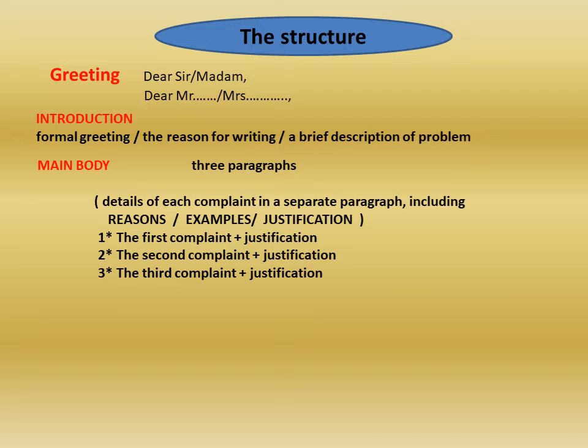The first paragraph will talk about the first complaint and the justification, and if you have an example, it's okay. The second paragraph has the second complaint with your justification. And the third paragraph, the third complaint and your justification. It means you can talk about 2 or 3 complaints.